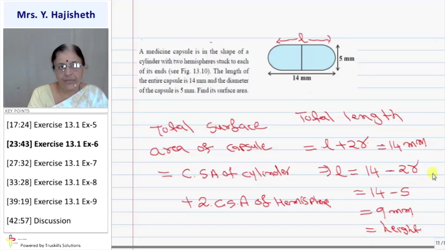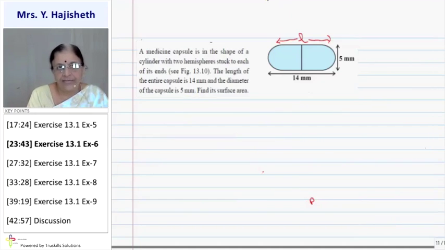Okay? So what I am supposed to do? First I will take value of radius. Diameter is given as 5 mm, so radius is taken as 5 by 2 millimeter. R is 5 by 2 mm. Okay.